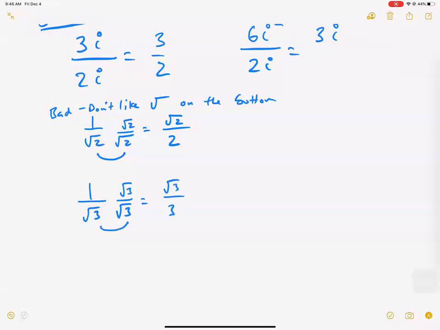Freedom! Let me do this a couple more times. If I say 2 square root of 2 over square root of 3, we don't like the square root on the bottom, and I can't simplify that anymore. So I multiply square root of 3 on the bottom and on top. That's a simple rule. Just multiply by the same exact square root. In this case, this would be square root of 6 over 3.